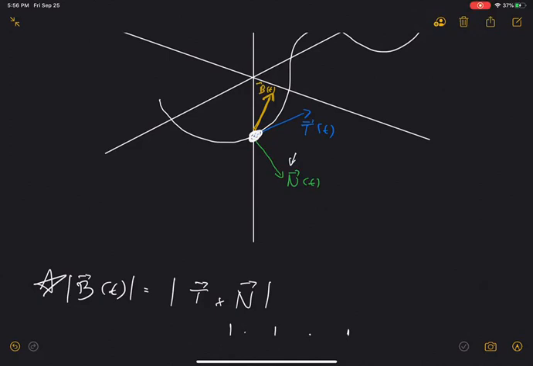That's the plane that's determined by the vectors T and N, meaning this vector B is the normal vector of that plane. It's kind of like the plane that's most along my curve.